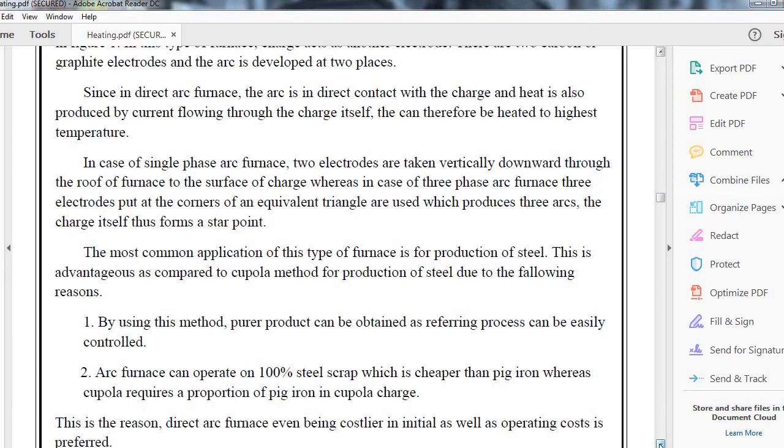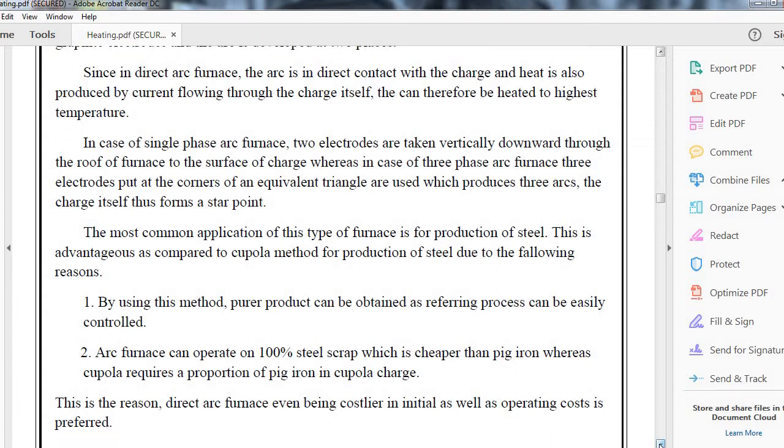This is advantageous as compared to the cupola method of production of steel for the following reasons. By using this method, a purer product can be obtained as the refining process can be easily controlled. Arc furnace can operate on 100% steel scrap, which is cheaper than pig iron, whereas cupola methods require a proportion of pig iron in the cupola charge.